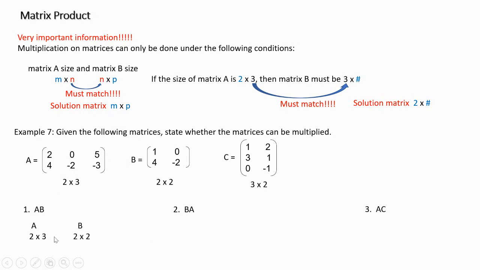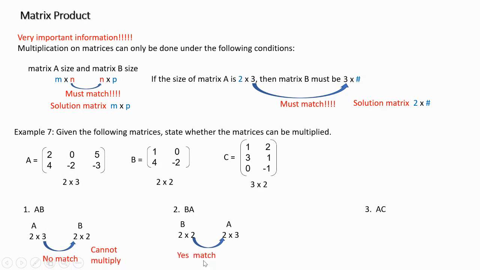Well, let's find out. A is a 2 by 3 matrix, and B is a 2 by 2 matrix. Can we multiply them? No, no match. So AB is not possible. Let's try B times A. B is 2 by 2, and A is 2 by 3.